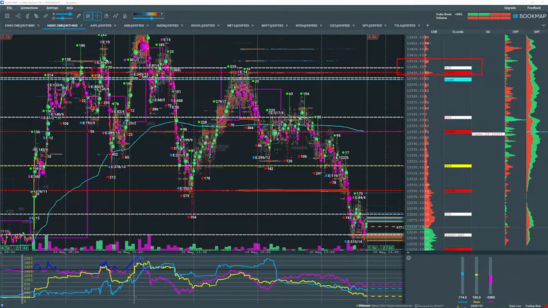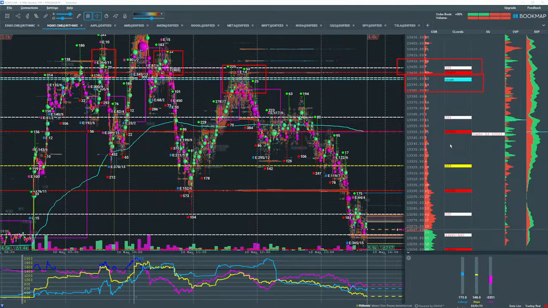It took a while. It acted as resistance several times, but finally price moved lower. And this is also the upper edge of the expected move for the day for NQ. All right, so now NQ is trading down toward the 13,200 large gamma 3 level.